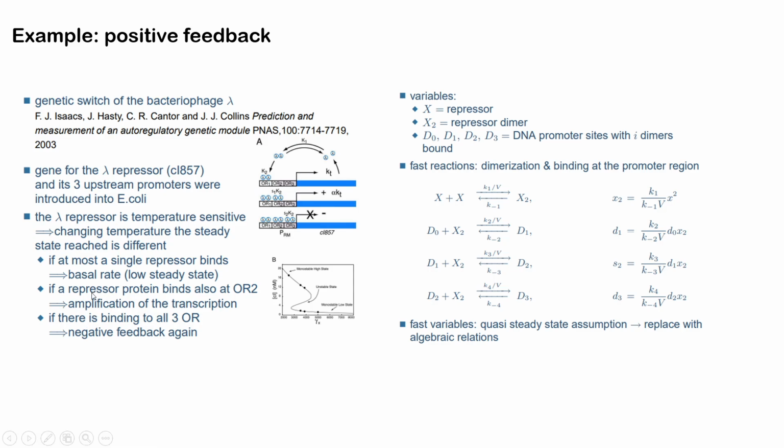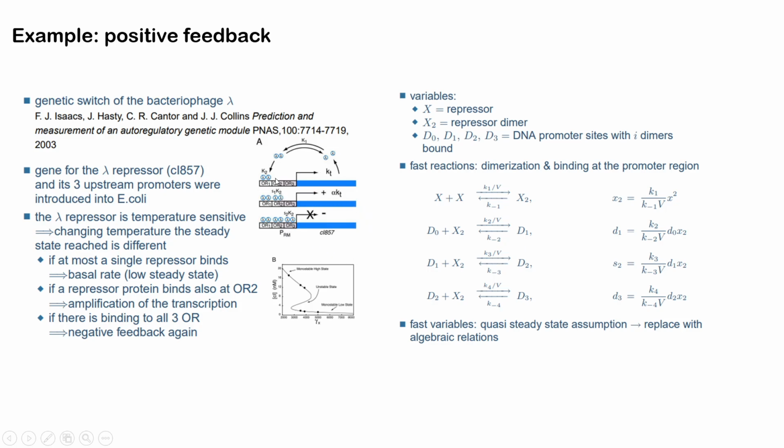Next is, if the repressor protein also binds at OR2, it will amplify the reaction. So if both OR2 and OR1 are occupied, you'll have the maximum reaction. Now, if the repressor is also bound at OR3, then the whole transcription of this gene will stop.